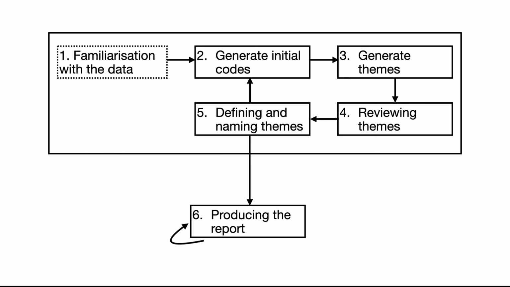More places where we see added rigour in this process is in the validation of the codes or the themes that you produce by either collaborators or external people to the project. So one way you might do this is to use inter-rater reliability. That's where you give someone a section of the transcripts and you ask them to code them, and then you can get a percentage agreement value.